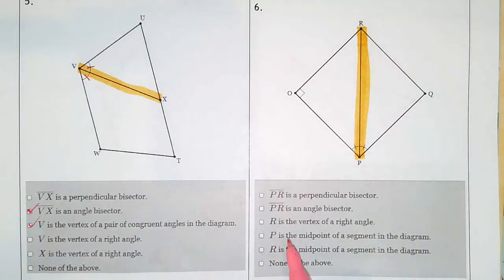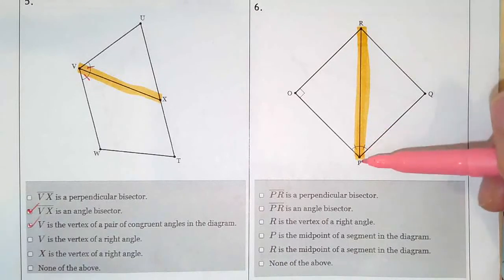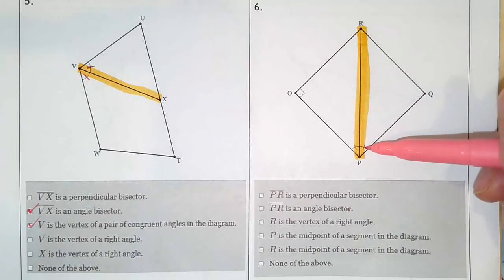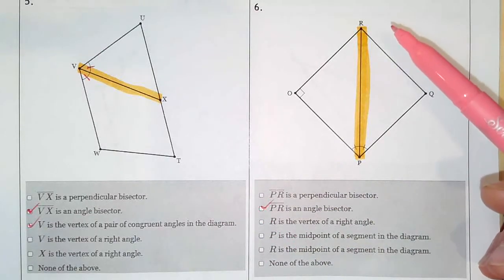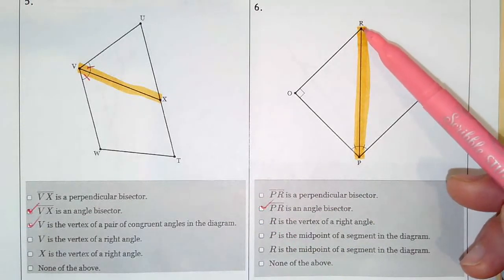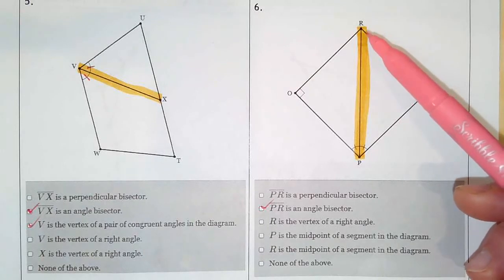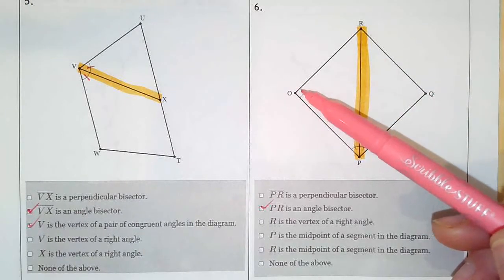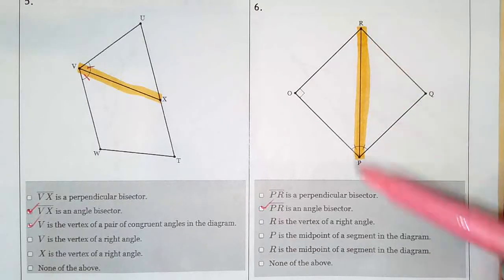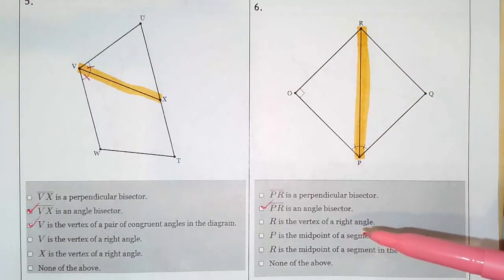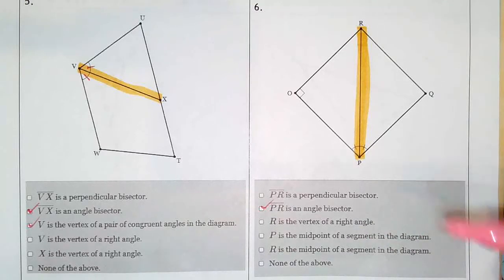No. PR is an angle bisector. Yeah, it's cutting this angle here at P into 2 equal parts. So that's a yeah. R is the vertex of a right angle, which is tricky. We want to assume yes, because if this is a 90 and these are equal, this is probably a 90, but we can't assume, so we're going to not check it. Don't assume if there's no symbol.